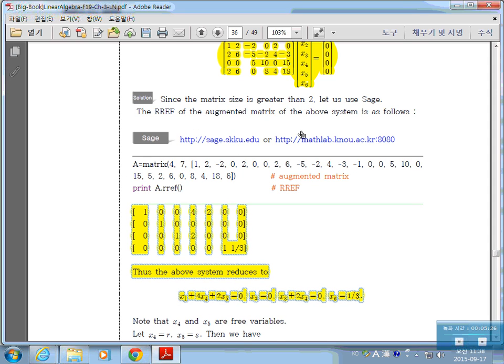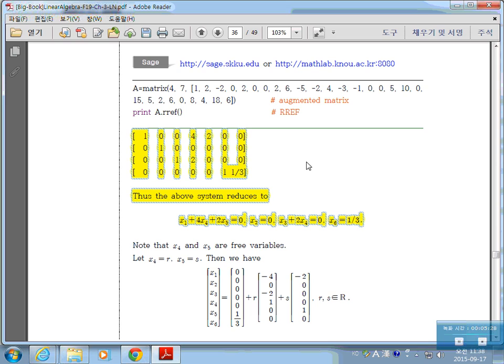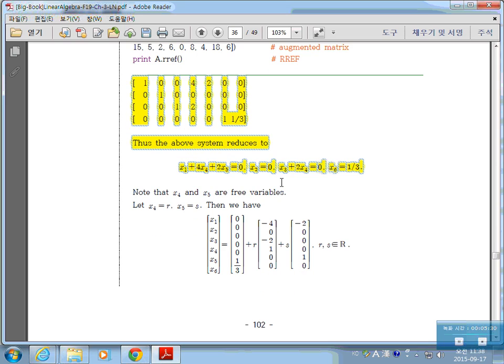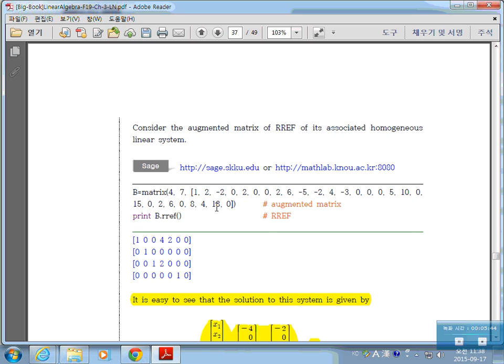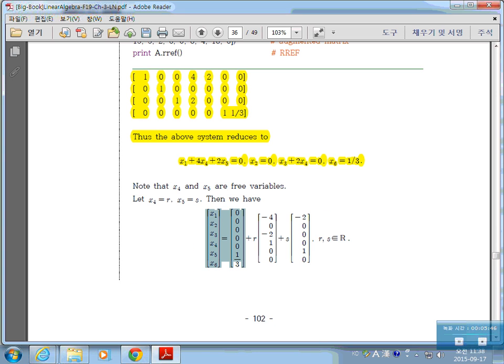The problem is, then what is the whole set of solutions for the original non-homogeneous system of equations? That's it. So from here are the free variables. With these free variables, we have this linear system. We have this set of solutions for the associated homogeneous system.